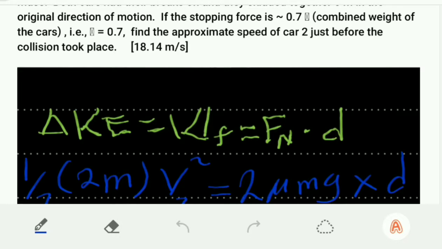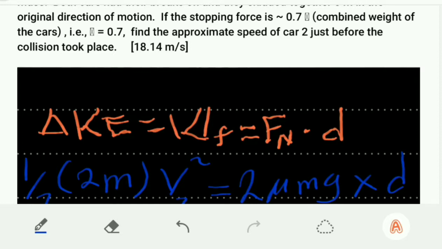So to start with, we have change in kinetic energy being equal to the work done by friction, where the work done by friction is simply the frictional force times the distance covered. We know what that force is: it's simply the coefficient of friction multiplied by the weight of the object.